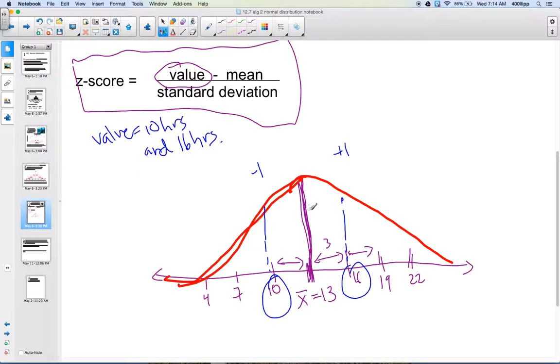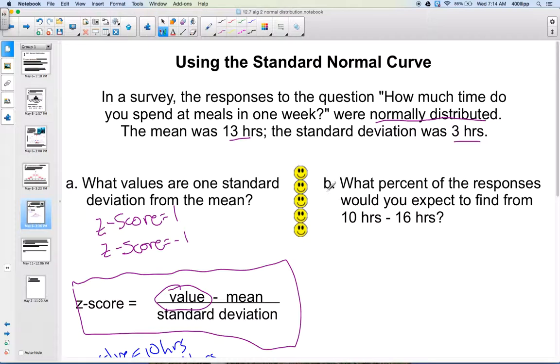Since it's normally distributed, we know our percentages are 34% here, 13.5% here, 13.5% here as well, and 2.5% and 2.5%. The other question they asked was, what percent of the responses would you expect to find from 10 to 16 hours?